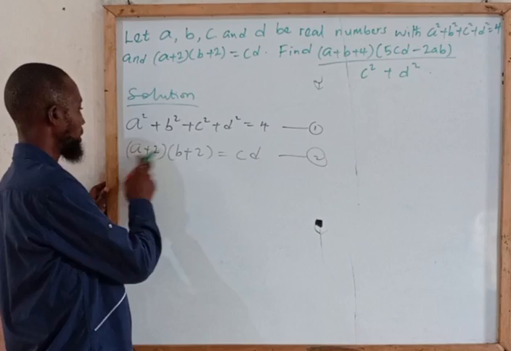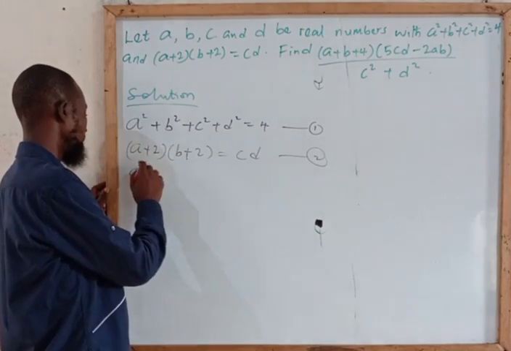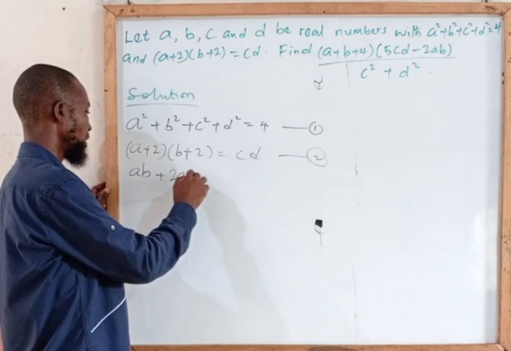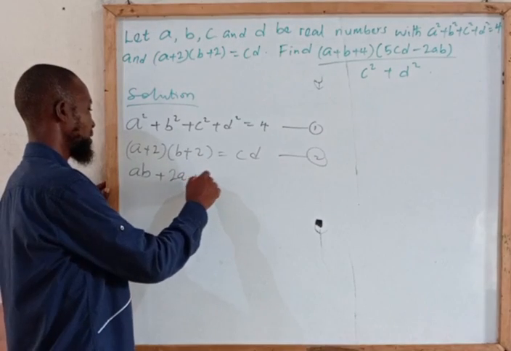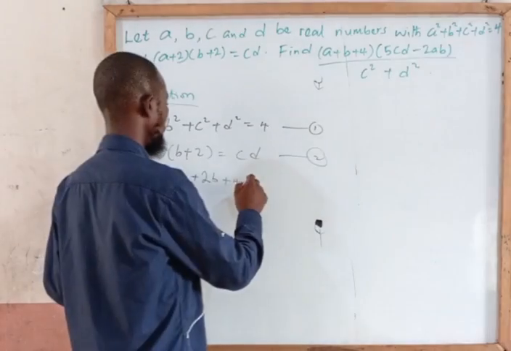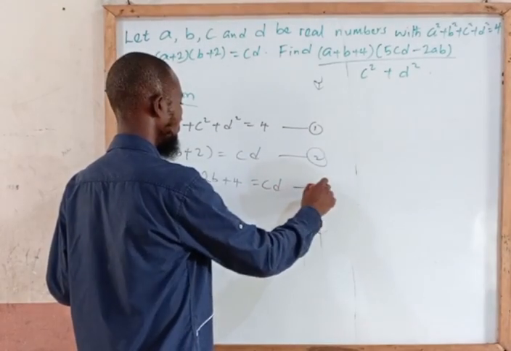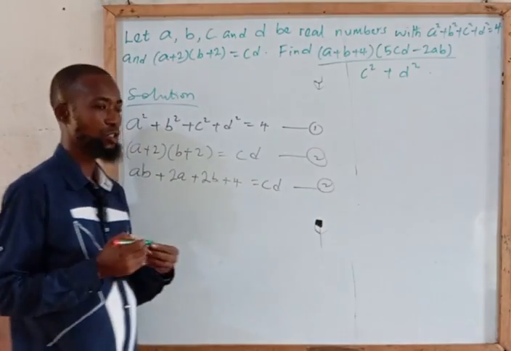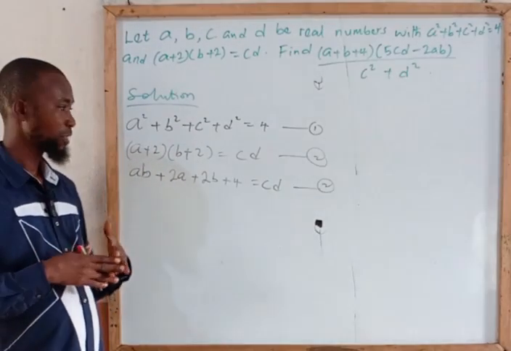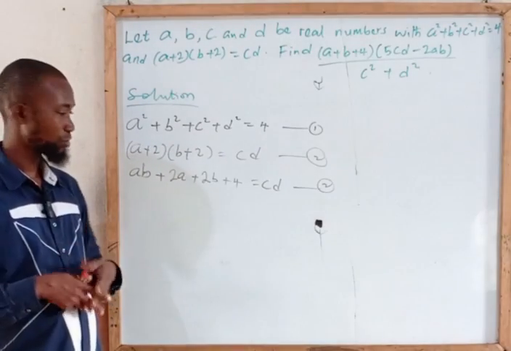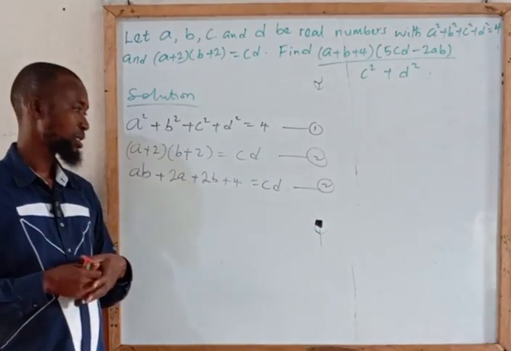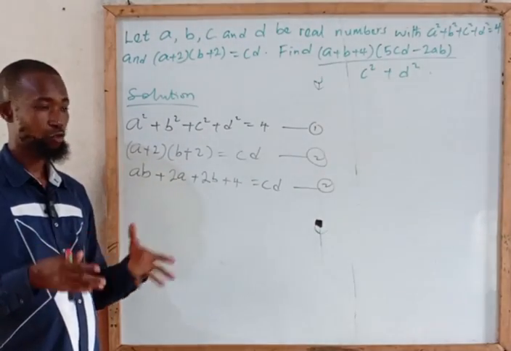So a times b gives ab, a times 2 gives 2a, 2 times b gives 2b, and 2 times 2 gives 4. So we say it is equal to CD. I will continue calling it equation 2, since it is this equation I'm still adjusting. If it were under simultaneous equation, I may call this one equation 3, but let me still continue calling it equation 2.